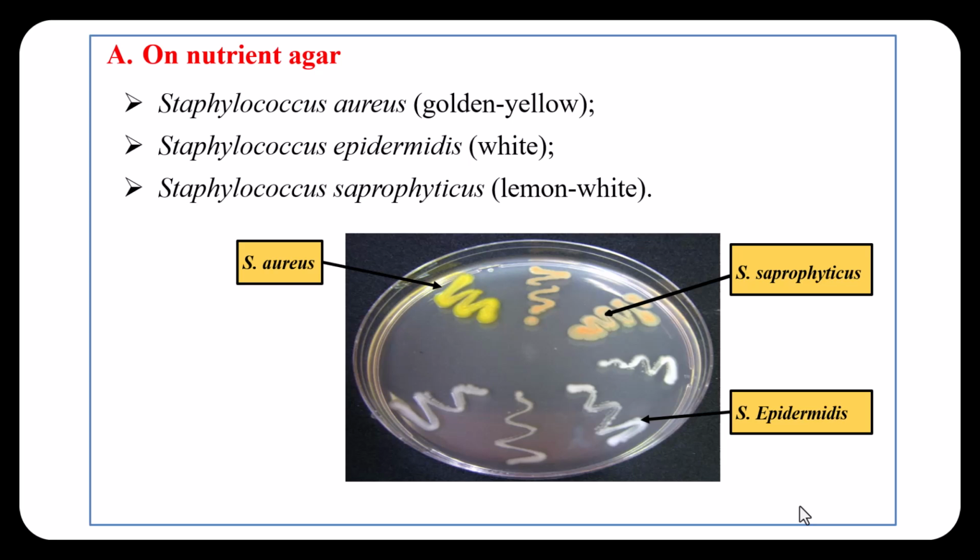The colony color is helpful but not definitive. It means more tests are needed to identify the species, such as the coagulase test that differentiates Staphylococcus aureus, which is coagulase positive, from other Staphylococcus species, and the novobiocin test that differentiates between saprophyticus and epidermidis.